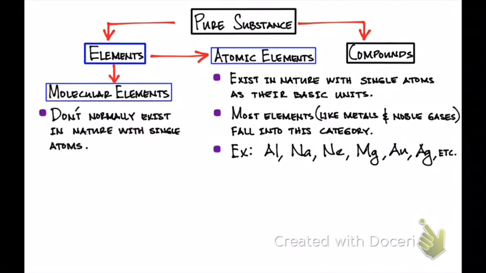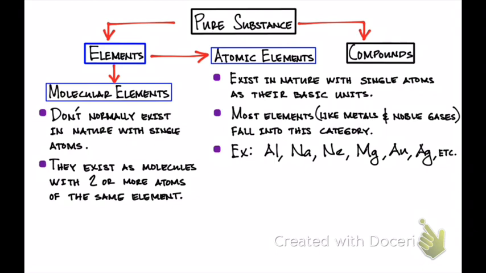Molecular elements, on the other hand, don't normally exist in nature with single atoms. So what that means is they typically form bonds with other similar atoms. So for example, they can exist as molecules containing two or more atoms of that same element.